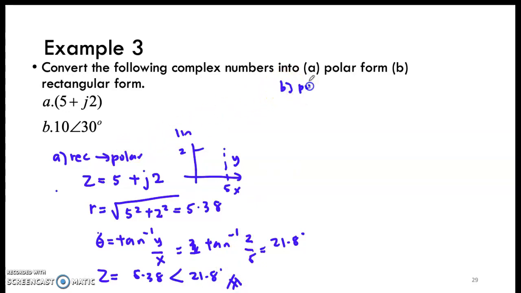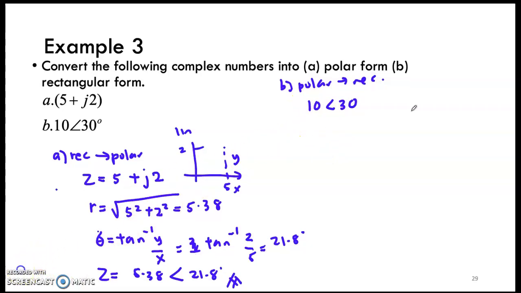How do you change polar to rectangular? You are given 10 with angle 30 degrees. So x equals r cos theta, that is 10 cos 30, and y equals 10 sin 30. Let's calculate.